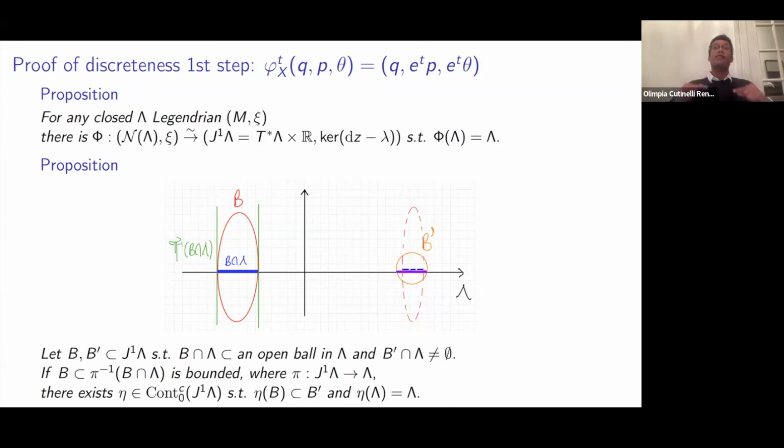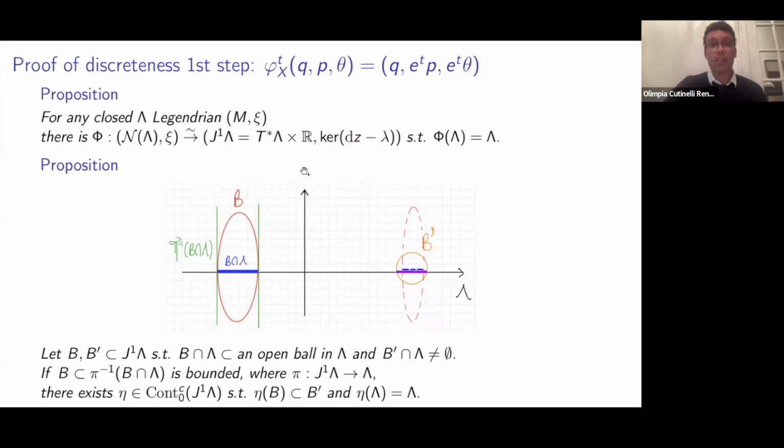And then you can lift this diffeomorphism canonically to the one jet bundle. So there is a way to lift a diffeomorphism of the zero section to a contactomorphism of the one jet bundle. And then this new contactomorphism of the one jet bundle will send this B, the red line, inside the dotted red line above the dotted blue line here.